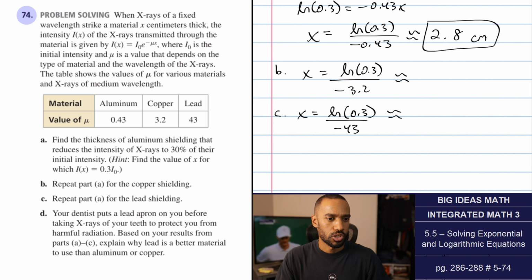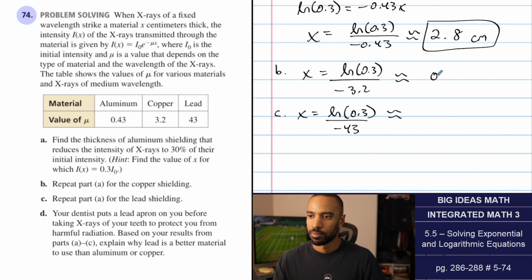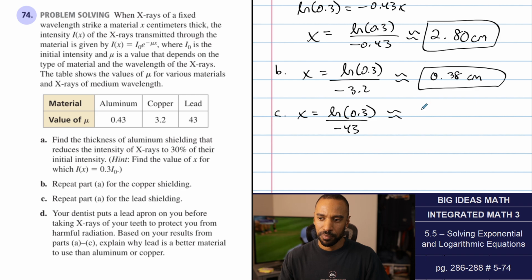But negative 3.2 is 0.376. I'll put 0.38 centimeters. And I'll put 0.80 for the first because it was 2.7999. And this one I guess is going to be 0.028, because you're dividing by something 100 times more. So yeah, 0.028.